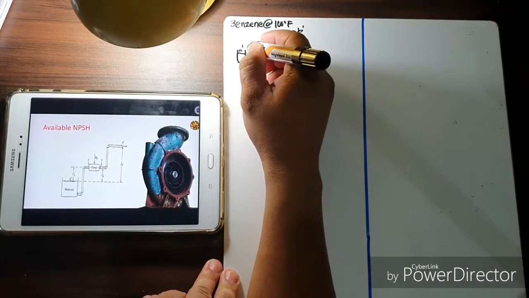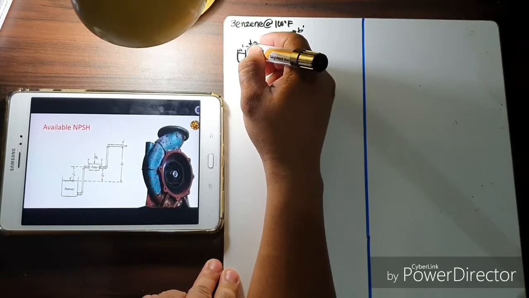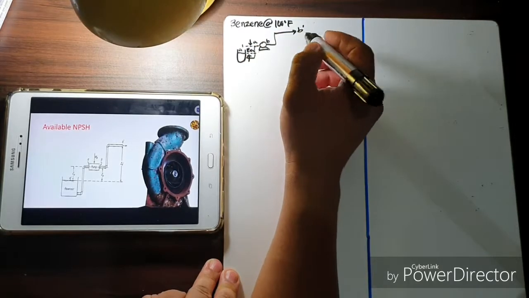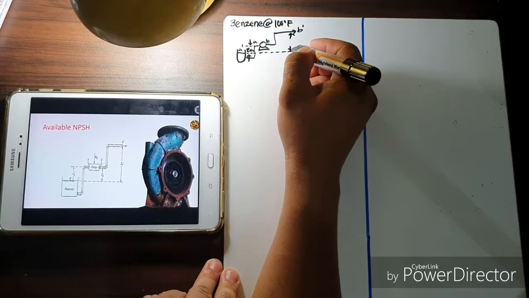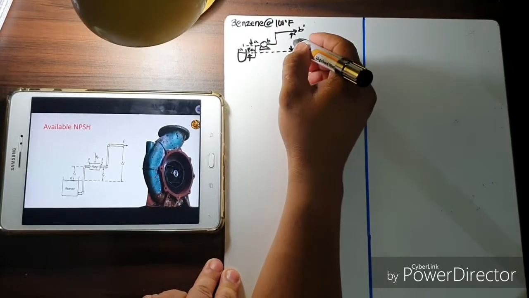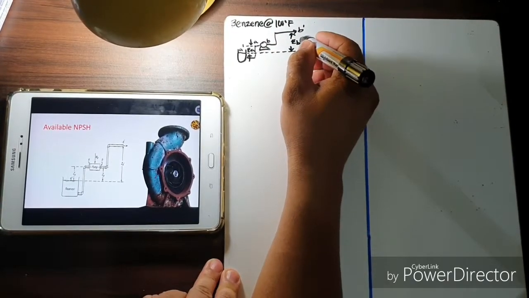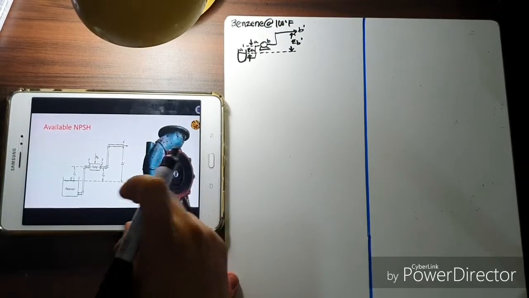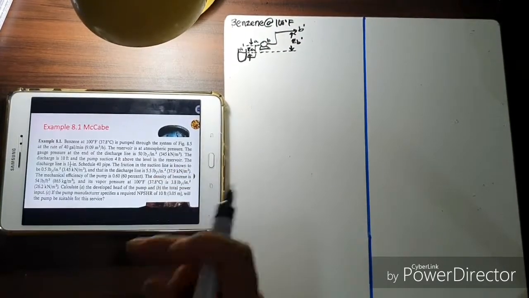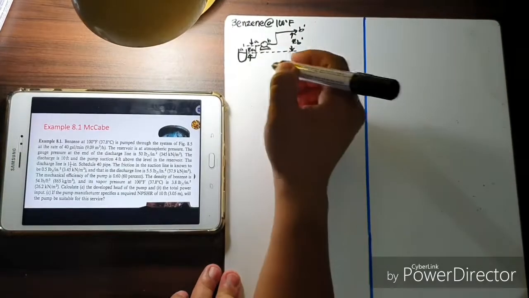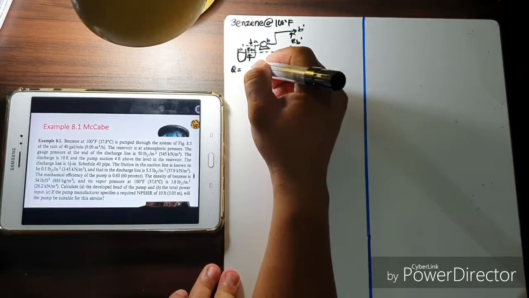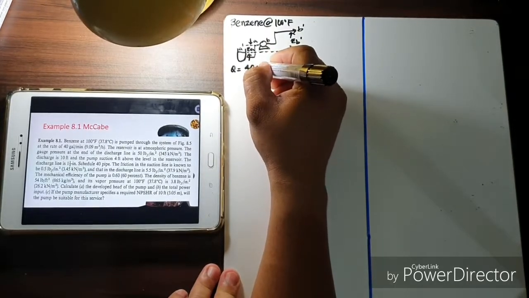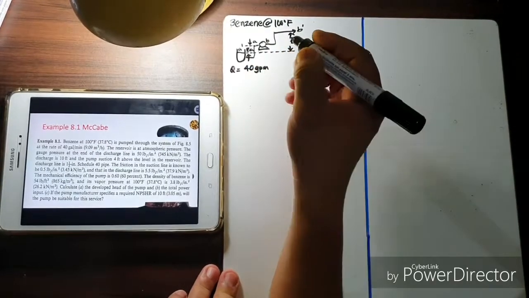Therefore, the elevation of the pump, C sub A, is this one, while the elevation of the destination from the surface of the reservoir is C sub B prime. Now, the benzene is being pumped at the rate of 40 GPM or gallons per minute.